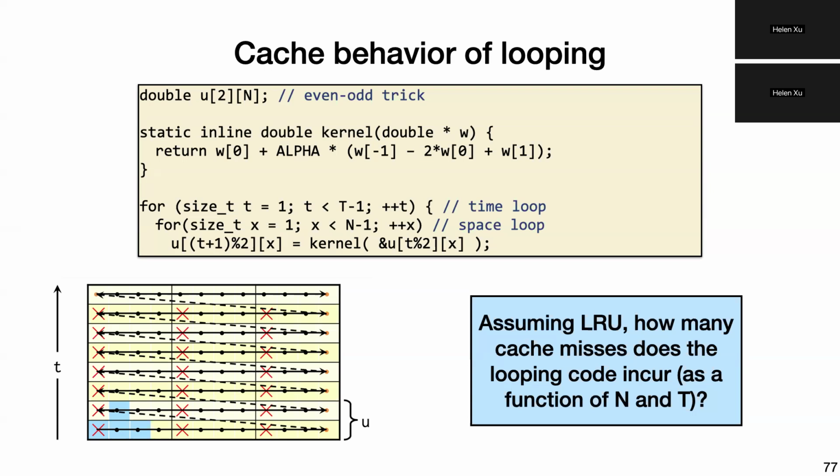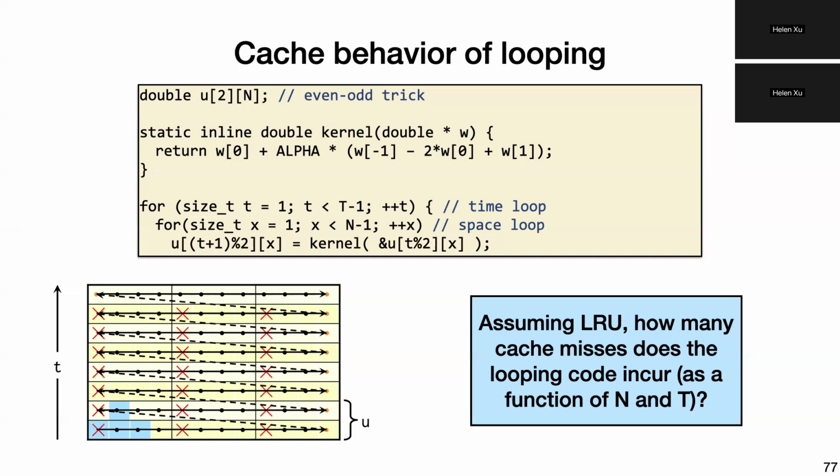So for the looping version, assuming that we have LRU, how many cache misses would we incur as a function of big N and big T? Maybe let's start with one row. The row length is N. How many cache misses does it take to read one row of length N?